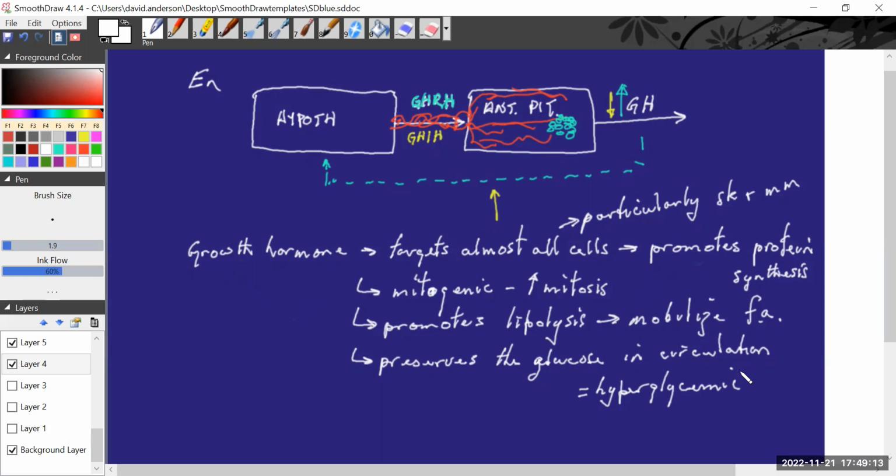Now, growth hormone doesn't really do this all the time directly. What it typically does is target the liver.